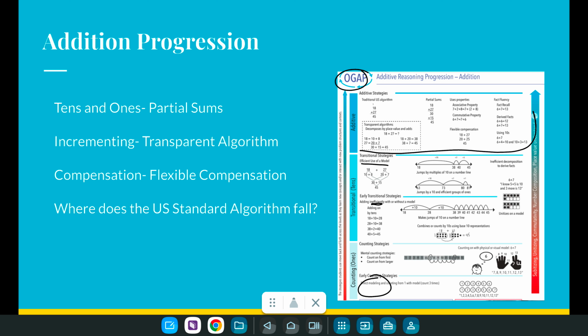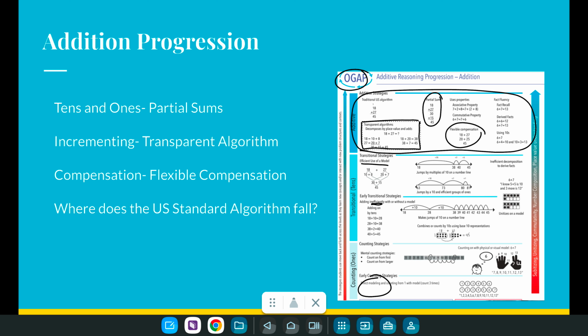And all of these strategies in this top are good algorithms that fall into one of these categories. The tens and ones algorithm is really seen in this partial sums. The incrementing algorithm is really seen in this transparent algorithm here. And the compensation is seen here. It's called flexible compensation.